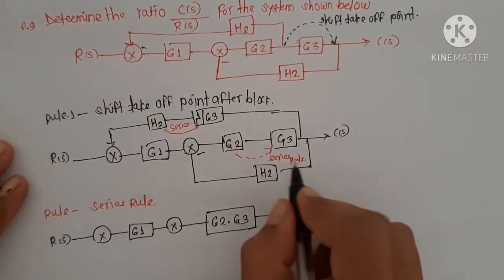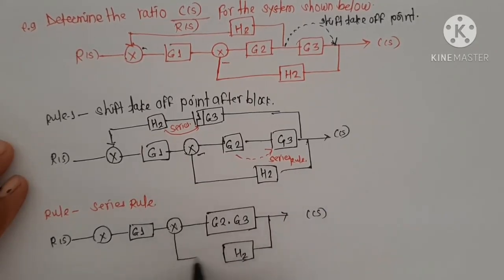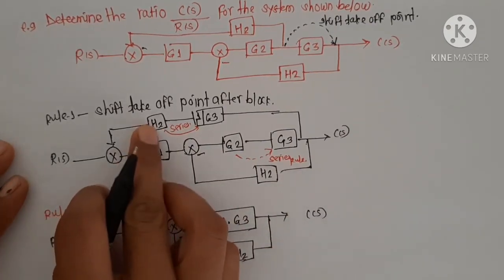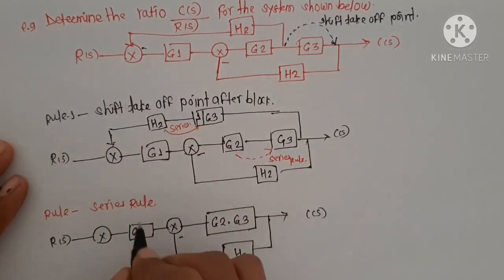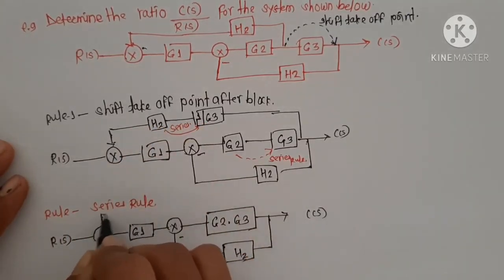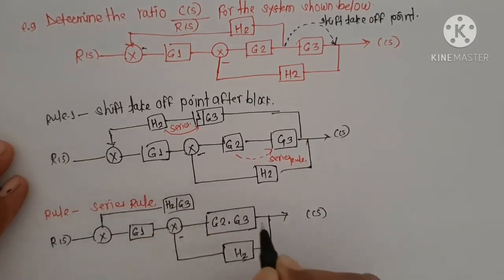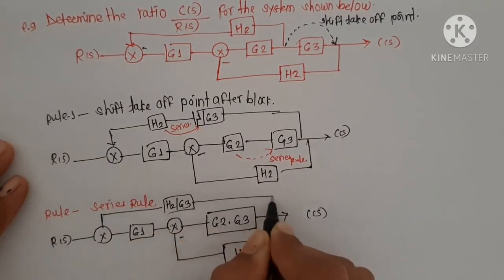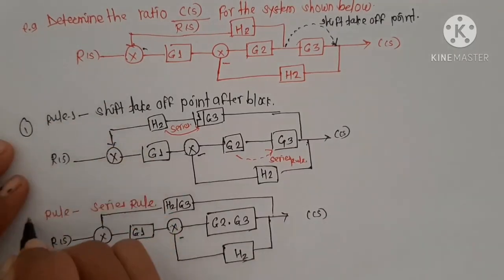After that C(s), and this block as it is, that is H2, with negative sign. Here also we apply the series rule: H2 into 1 upon G3 means H2 upon G3. Now here we get one closed loop.